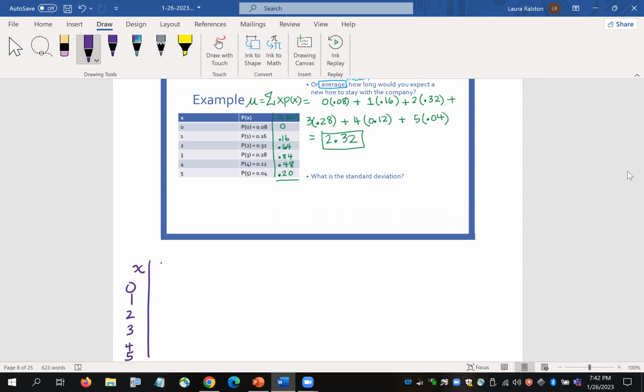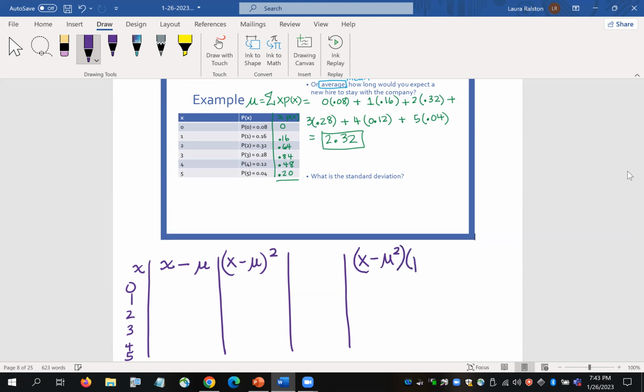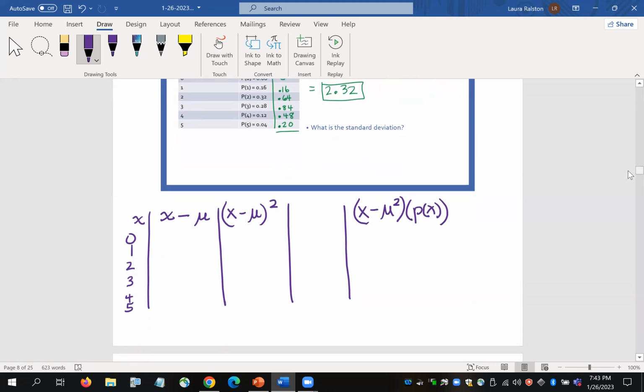And then to do the standard deviation, I need X minus the mean, and then I need X minus that mean squared. And eventually I'm going to do X minus the mean squared times the probability of X. It may help me if I set it up in table form.